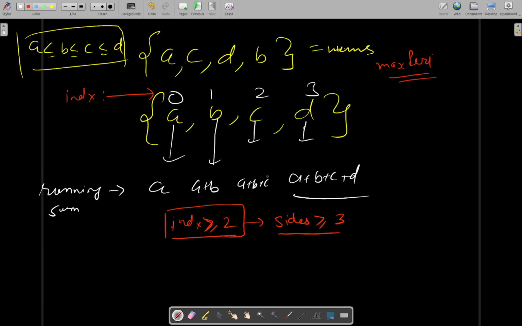So you will be checking whether the condition holds true or not. What condition am I talking about? Let's say you are at the second index. The side represented by the second index is c, so this condition should hold true: a plus b should be greater than c.